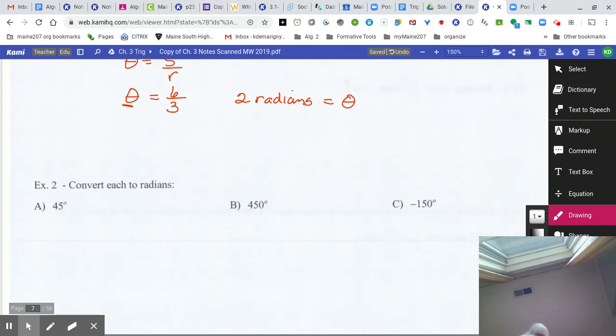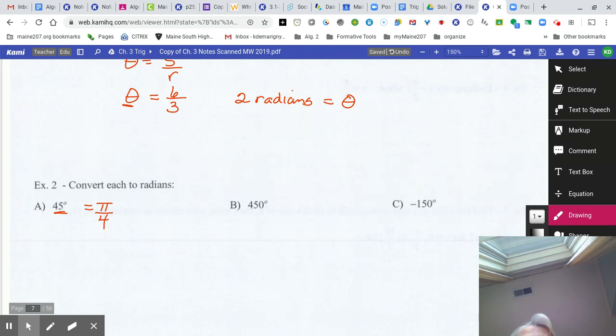So if I have 45 degrees, I have 45 out of the 180 that make 1 pi radian. There will be 4 of these to make 180 degrees, so 45 degrees is 1/4 of a pi in radians.